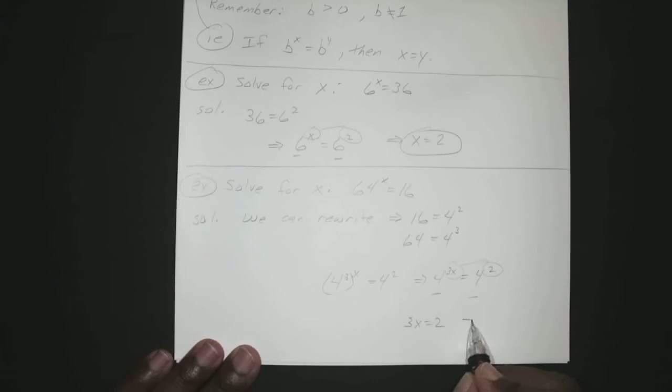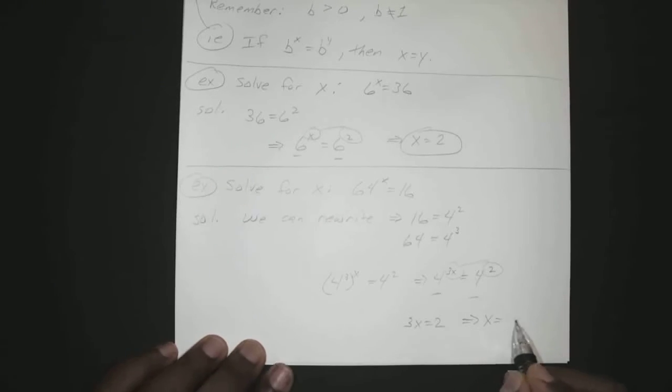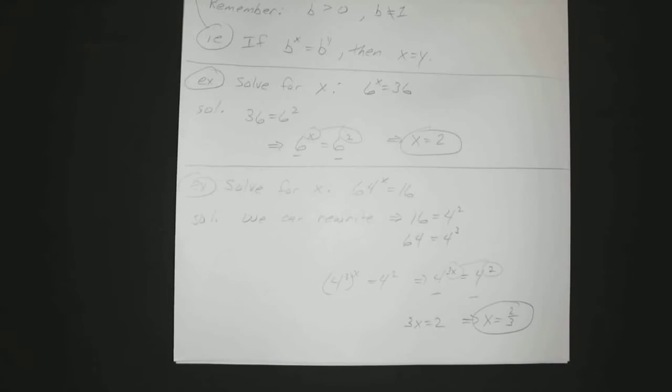Divide both sides by 3. x equals 2/3. All right, so any questions on that one? Okay, so kind of the goal here is to get the bases to be exactly the same.